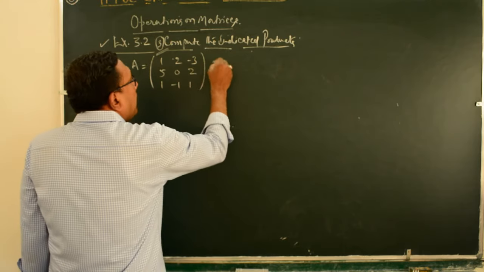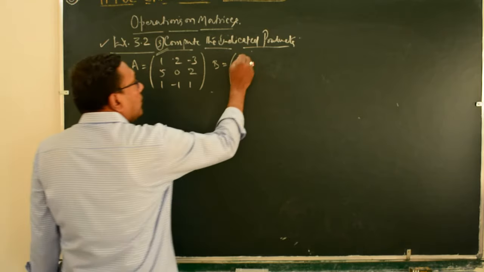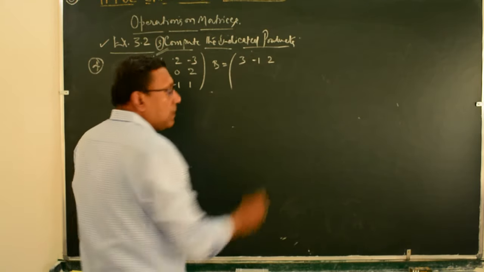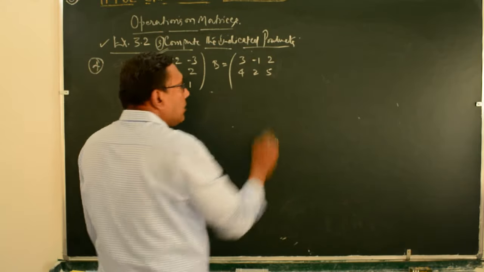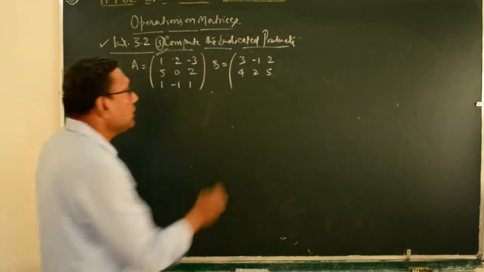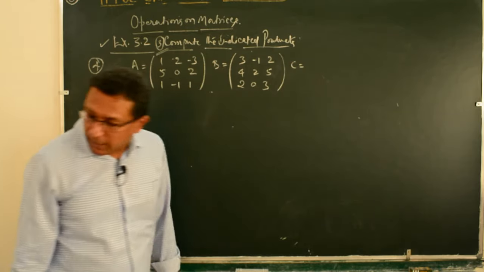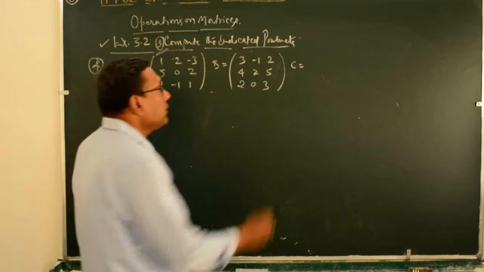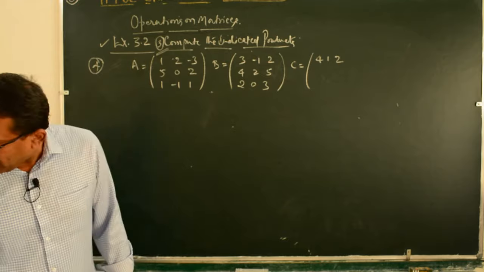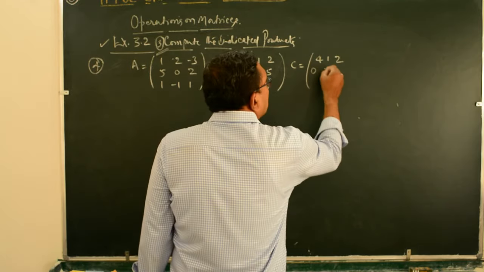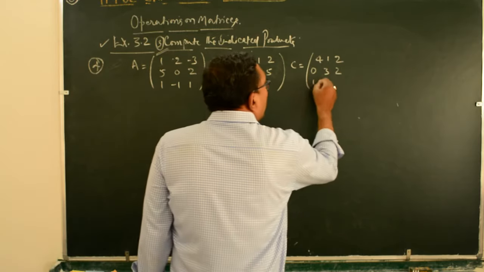B is a matrix of order 3 by 3: 3, minus 1, 2, 4, 2, 5 and 2, 0, 3. And C is another matrix of order 3 by 3: 4, 1, 2, 0, 3, 2 and another row 1, minus 2, 3.